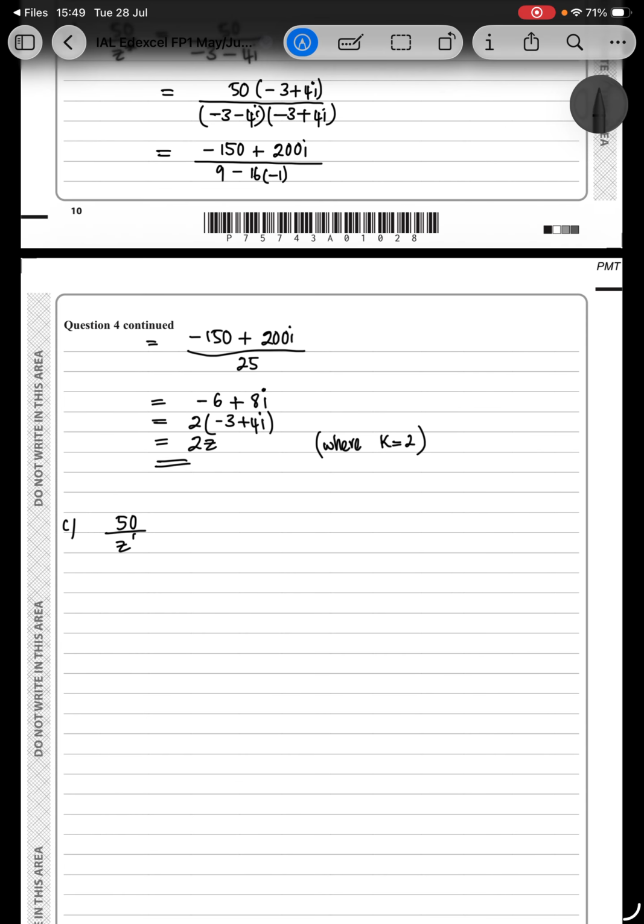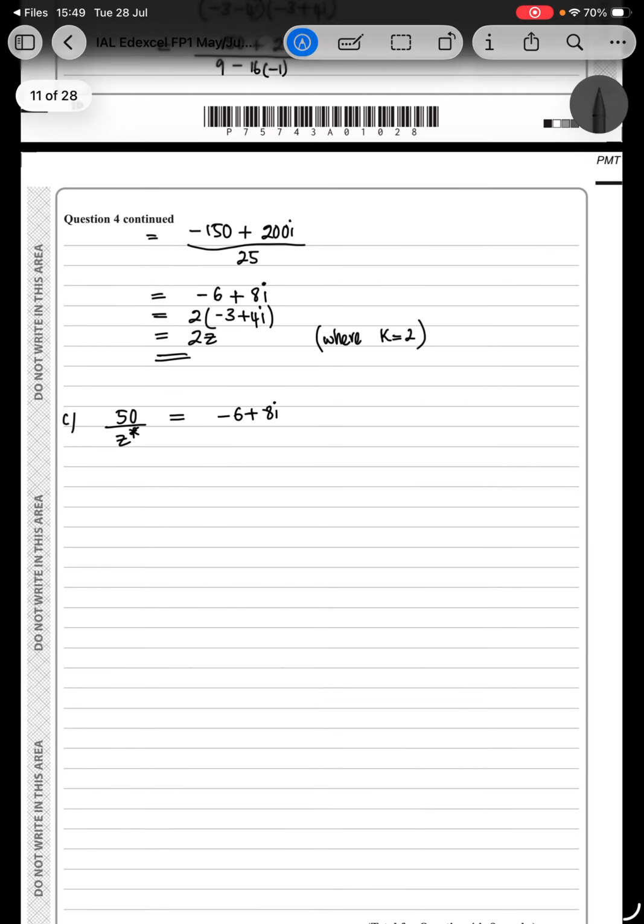Let's write that down. Now we're told to find the argument. So the argument of a complex number is the angle from the positive real axis.